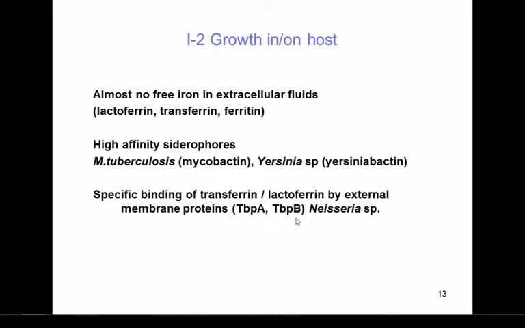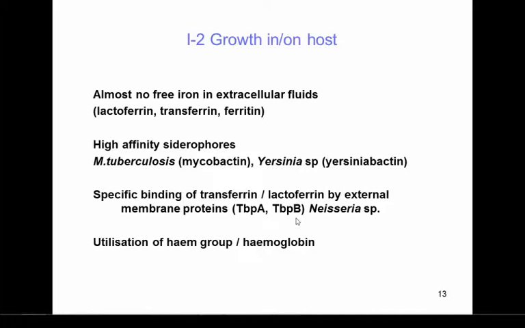Where else do you have a lot of iron circulating around in the body? In blood. Yeah, red blood cells. You have a huge amount of iron in red blood cells attached to hemoglobin.